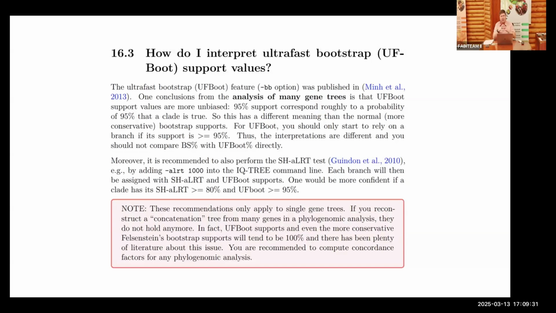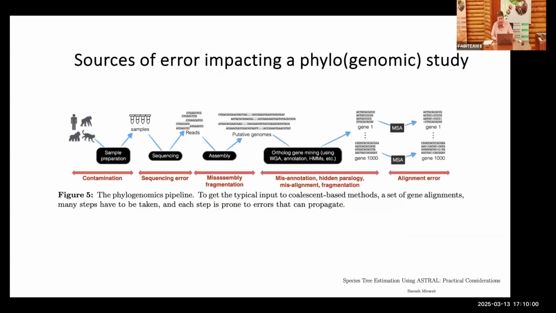What you get is not a bootstrap value; it is something different. In general, we take values greater than 95 as supported, but you also add your Shimodaira-Hasegawa approximate likelihood ratio to support it. But if you are confused about these things, really just do a normal Felsenstein-type bootstrap analysis.